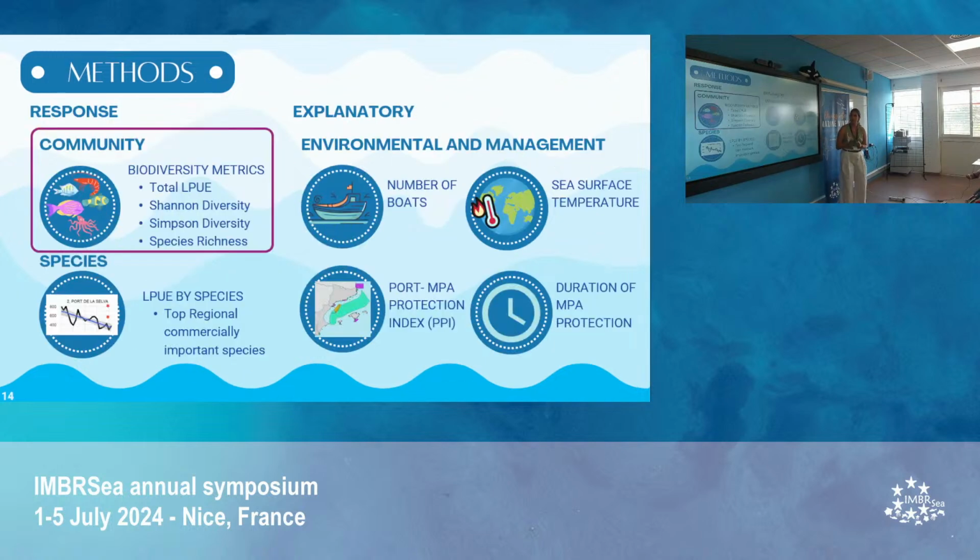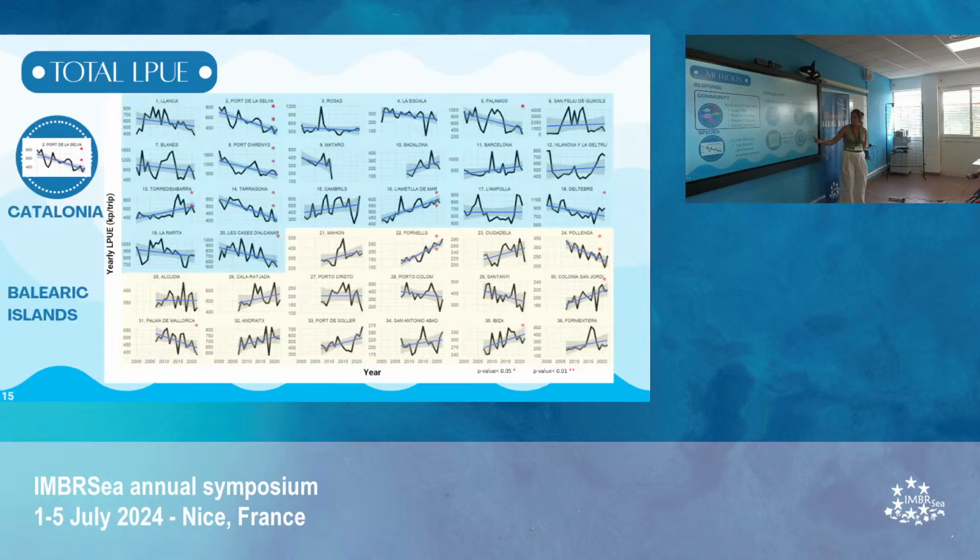I will talk about the community first, with the biodiversity indexes and total LPUE. For the total LPUE, this is the annual LPUE per port. Like I said, I had a lot of data, so Catalonia is in blue with 20 ports, and the Balearic Islands is 16 ports highlighted in yellow.